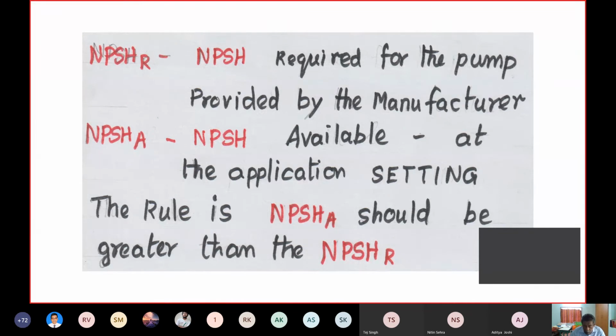The rule is that NPSH available should be greater than the NPSH required for the smooth operation of the pump. So one is NPSH required, provided by the manufacturer, and the other is NPSH available, the one at the application setting where the pump is really kept for its duty.